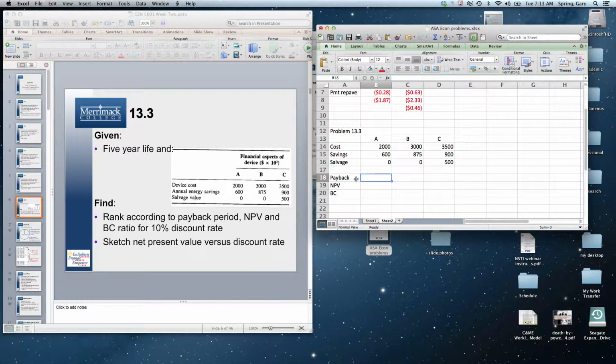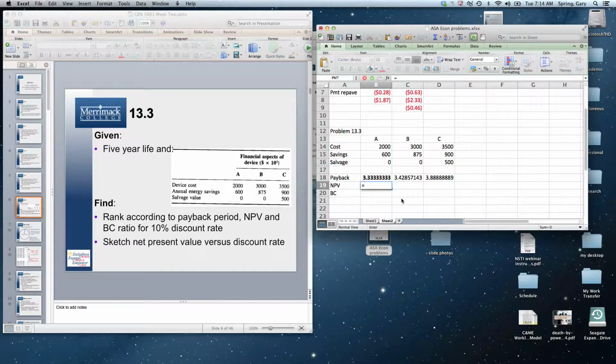So the payback is just really undiscounted the number of years, or number of periods, that it would take to pay off your initial cost with the savings. So this divided by this. So the lowest one's the best one. That's it.